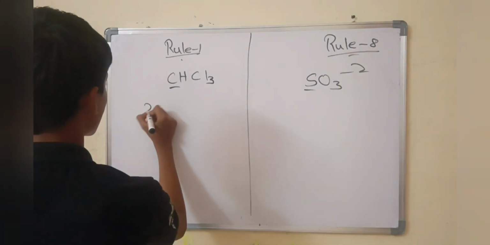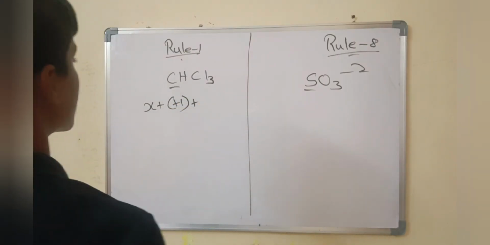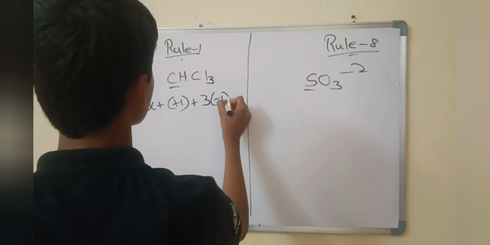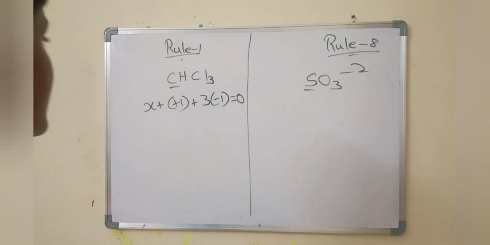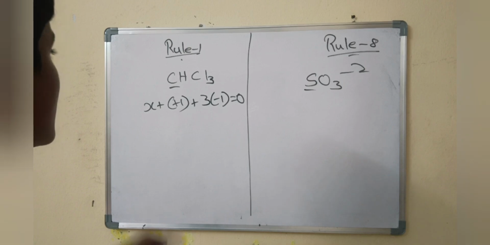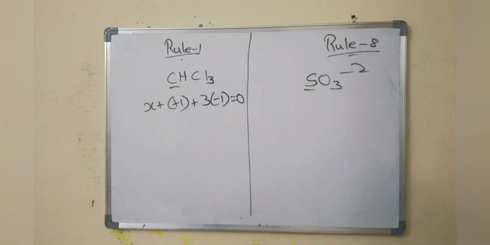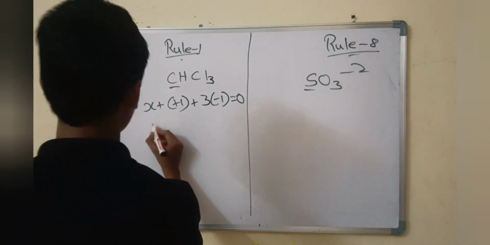Listen. X plus 1 plus 3 into minus 1. In CHCl3, the chlorine oxidation number is minus 1 and the hydrogen oxidation number is plus 1 because it is a metal hydride.